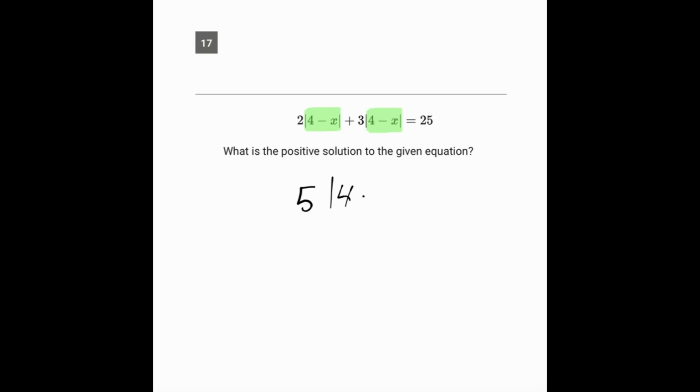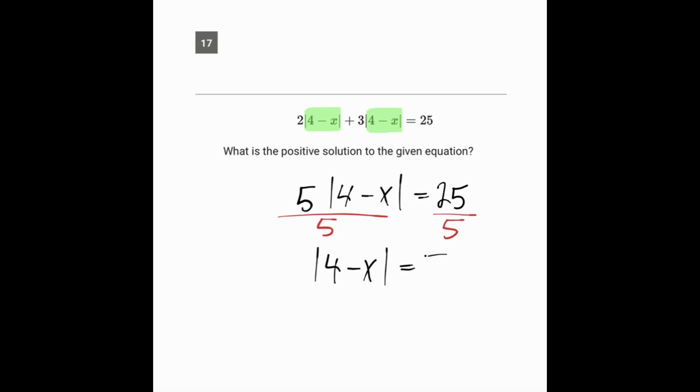Therefore, we have 5 of these things. And that's not breaking any math rules. Now, let's isolate that absolute value by saying, okay, well, the absolute value is currently being multiplied by 5. So let's divide it by 5. And now we have absolute value 4 minus x equals 5.